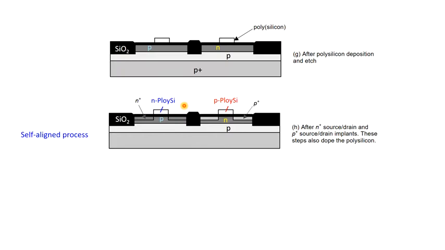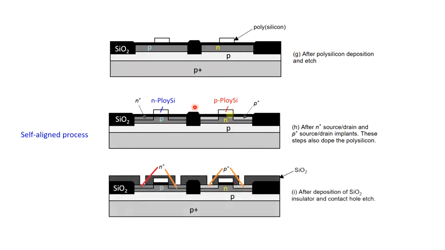Besides, we should also ensure proper isolation between the metal lines that we are going to use in this process, and to ensure that we need to deposit one silicon dioxide layer first, and then pattern it using dry etching, as shown here.